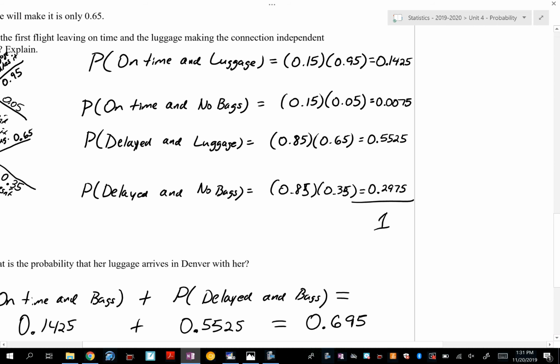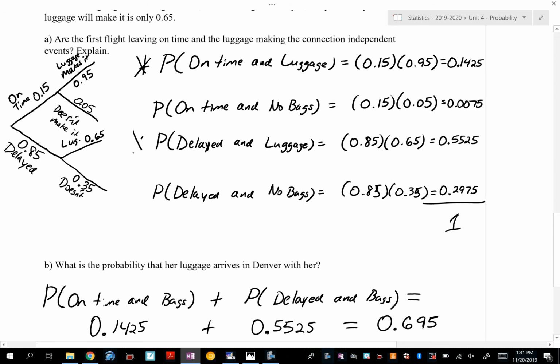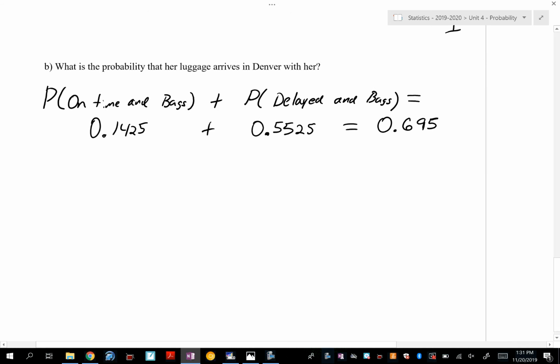Or do you understand why I chose the first one and the third one? I chose them because the problem asked, she got her bags. What's the probability that she got her luggage in Denver? So in this scenario and this scenario, she gets her bags. So I added those two together. Doesn't need to be an okay if it's not.